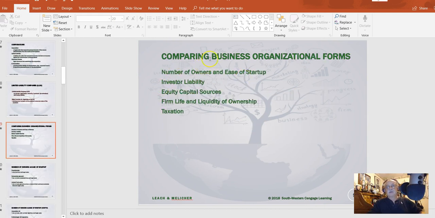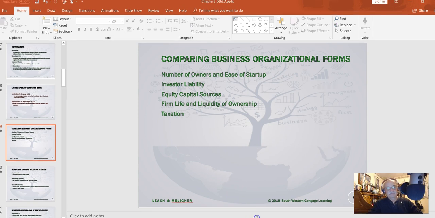And basically, when you want to compare the organizational forms, what you've got to do is look at the different aspects of each form, right? How many owners, and the ease of startup. And in my opinion, your book has a different opinion than me, but basically, an LLC, as I showed you, is the easiest to start up.